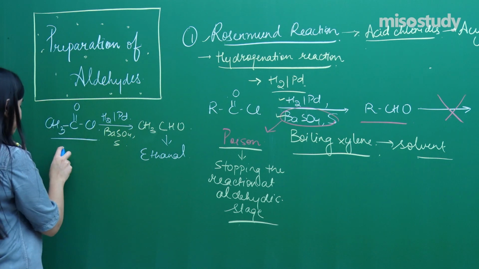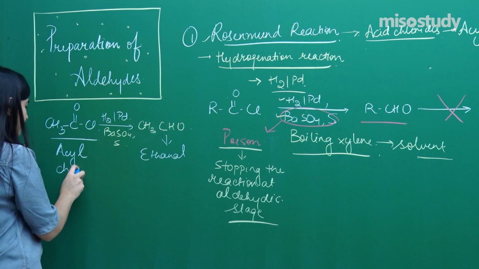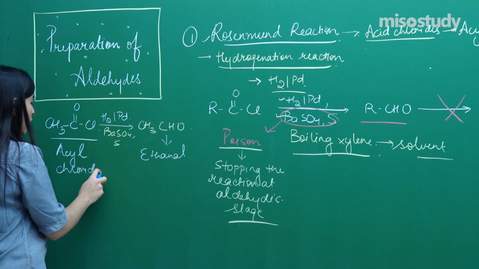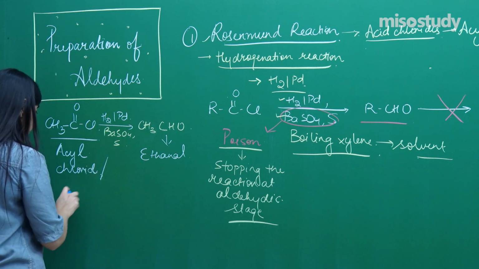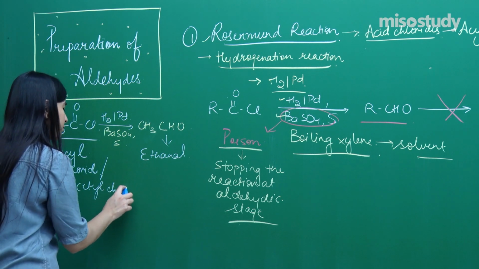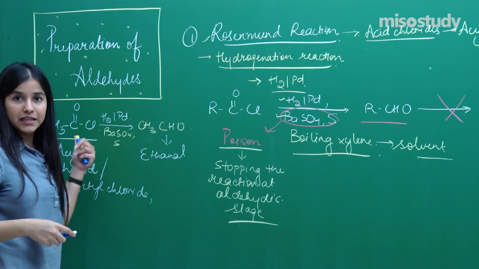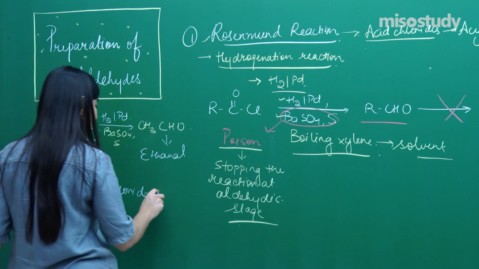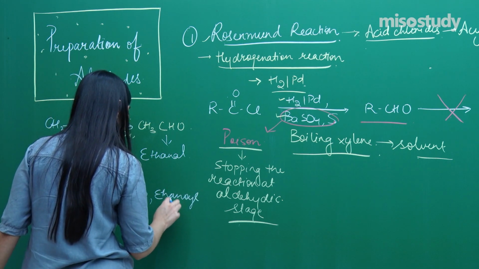This is acyl chloride, right? Acyl chloride or acetyl chloride could be the name. So this can also be called acetyl chloride. What could be the other name? The other name could be ethanoyl chloride, right?